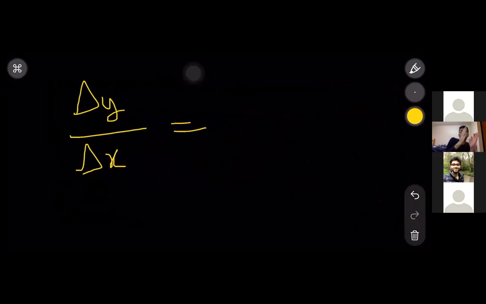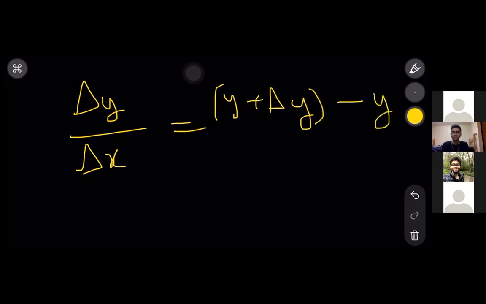So y changed from y to y plus delta y. So do you agree with me that delta y would then be y plus delta y minus y? Do you agree with this? Because the function ends as y plus delta y. It starts as y.